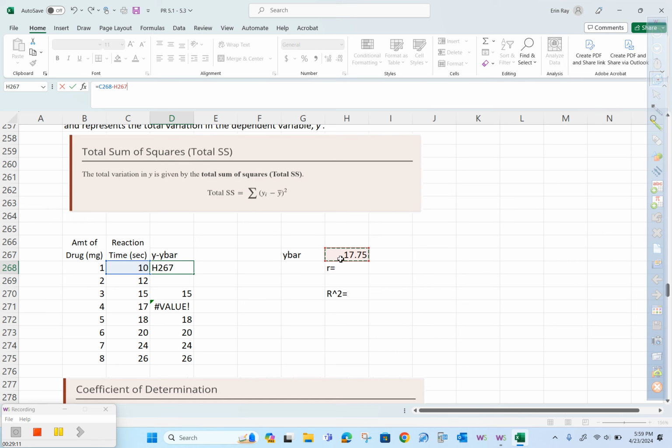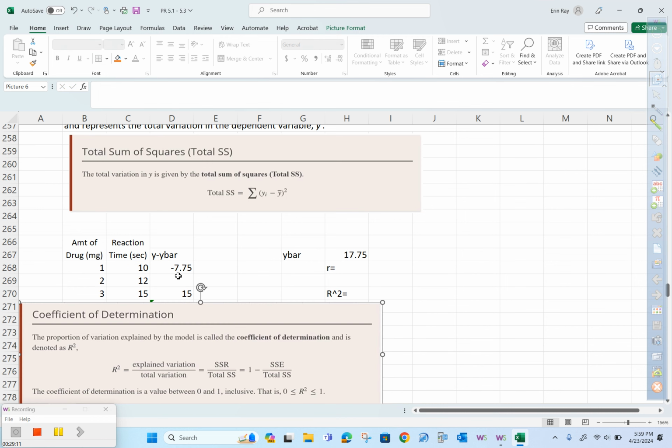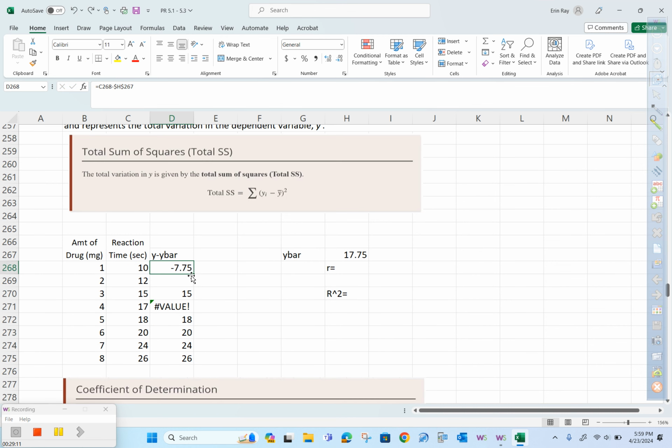Do your F4 to freeze that, and then I'll re-drag it down. There we go. Okay, so that gives us a distance each of these is from that average value. Then we square them. Cell select, squared, and drag down.